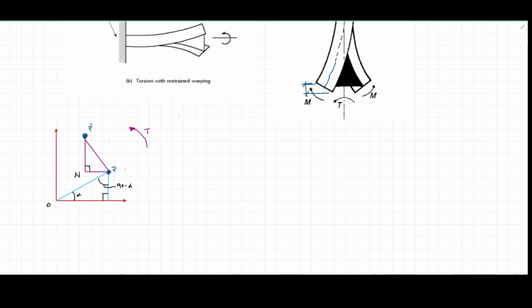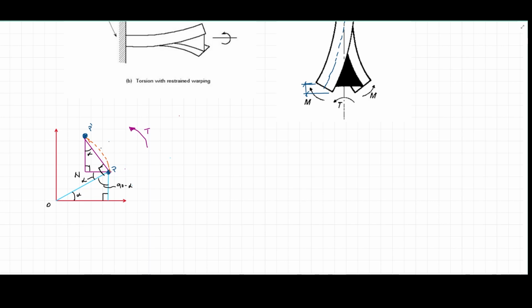Because of what I mentioned at the beginning about how far it goes from P to P prime, this is a very infinitesimal distance. This arc, I'm going to consider as a straight line, even though it's an arc, because the deformation is pretty small. That means this is 90 degrees here. So this angle is again alpha, and that alpha is repeated here. A little bit messy, but just bear with me.